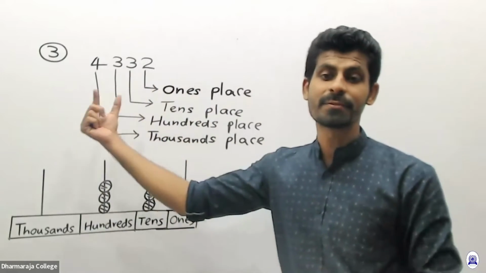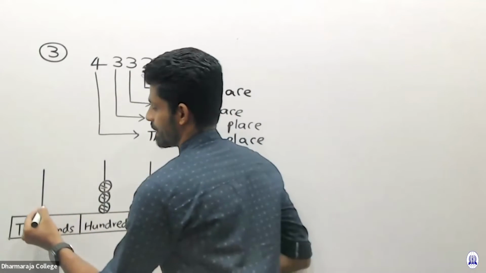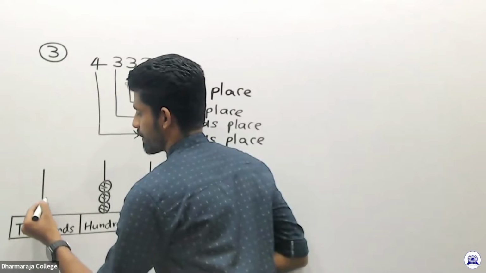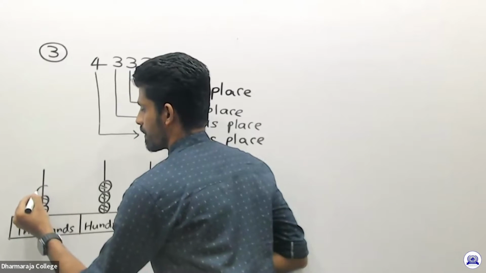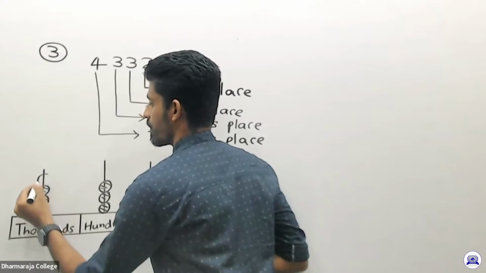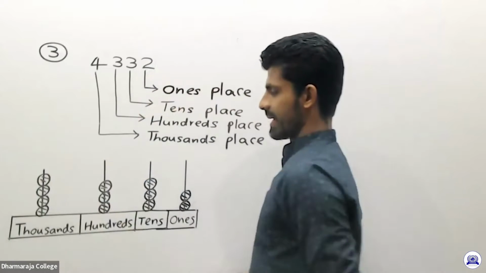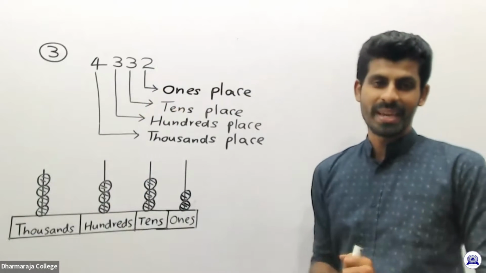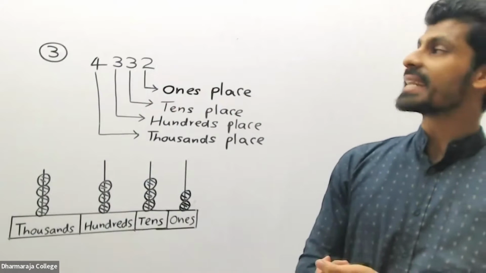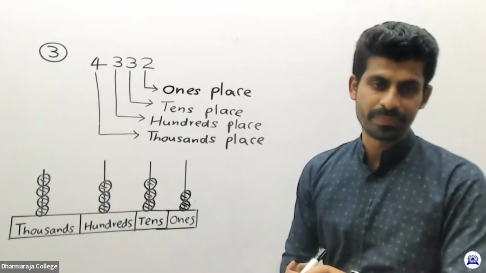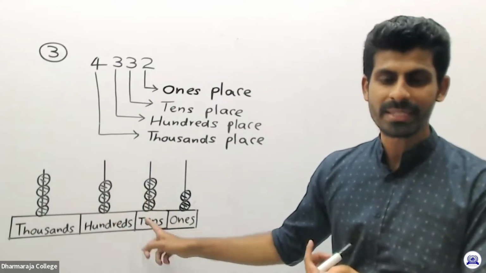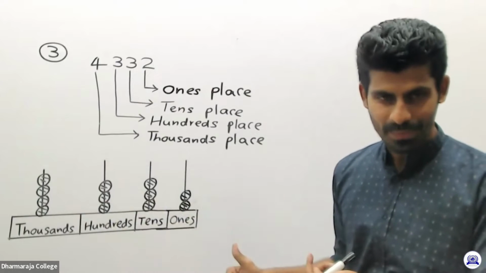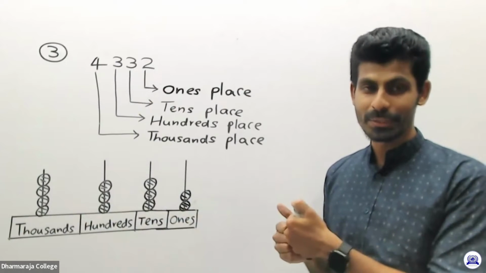Thousands place means 4 dots. Right, okay. 4,332. I think this one is very clear to you.